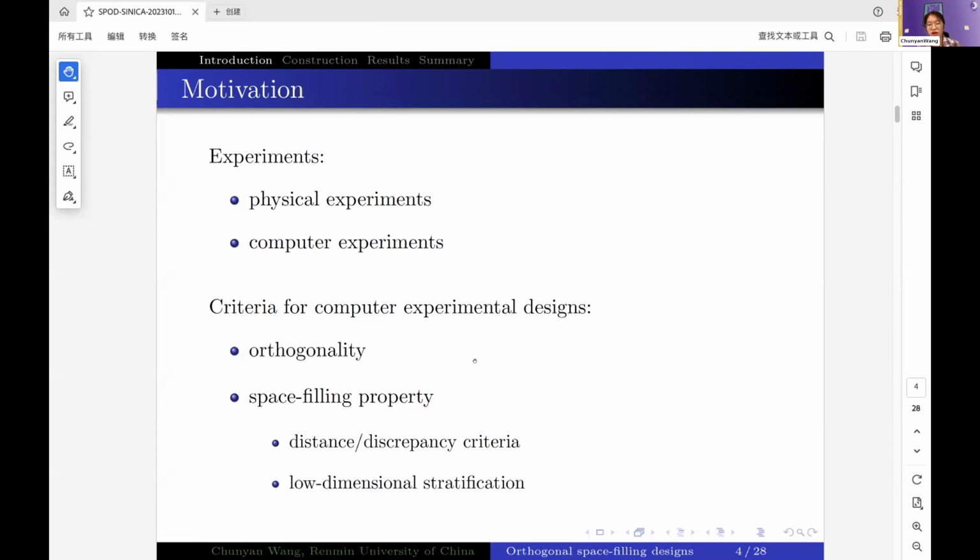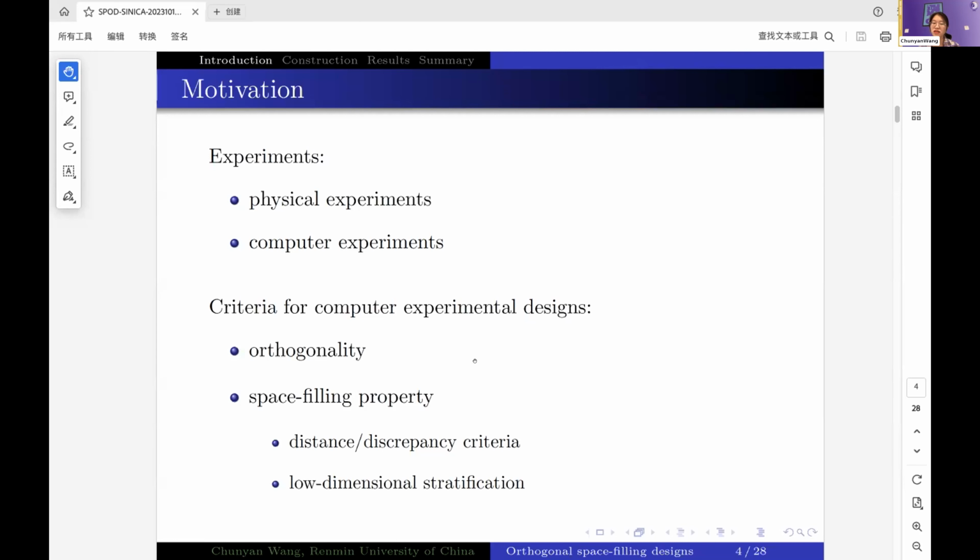Computer experiments are different. The experimenter inputs the variables and gets the output from a system, and this system can be a computer.